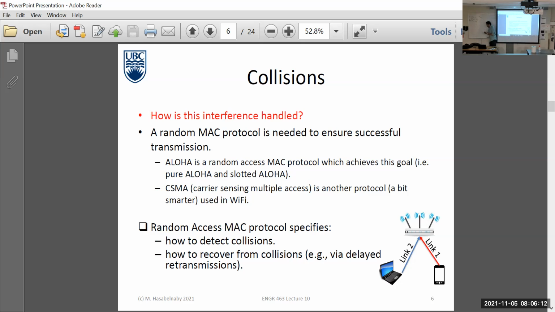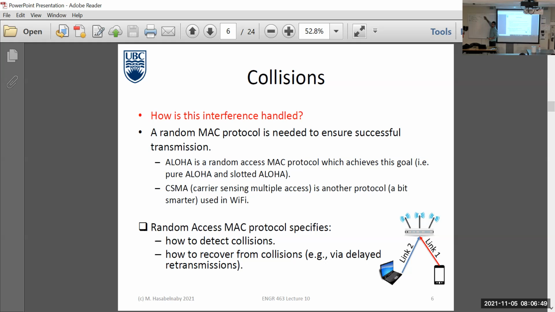So at the beginning, random access techniques were built on the idea that we can detect collisions and help you to recover from the collision, but they will not prevent collision. They will try to minimize the collision as much as we can, but still we may have collisions. In the advanced techniques, we want to prevent and avoid collisions. So this is the basic idea of random access techniques.